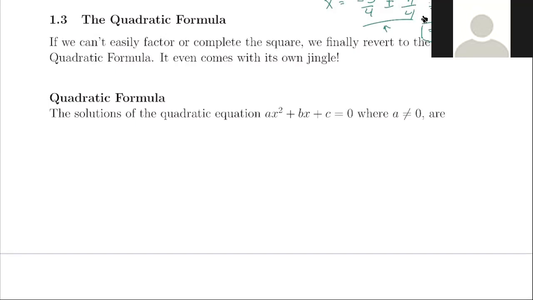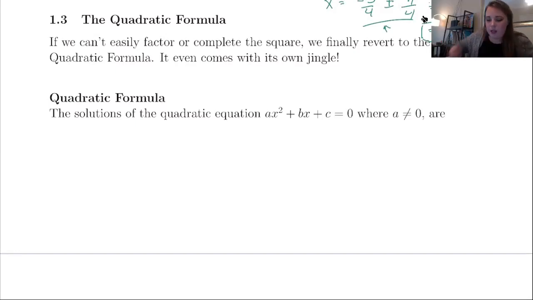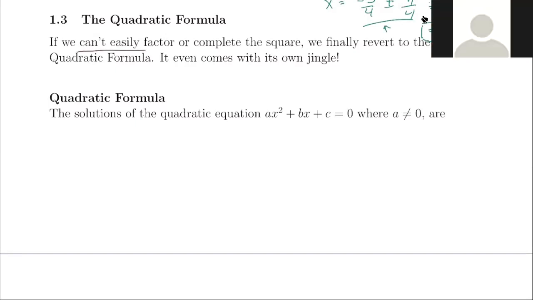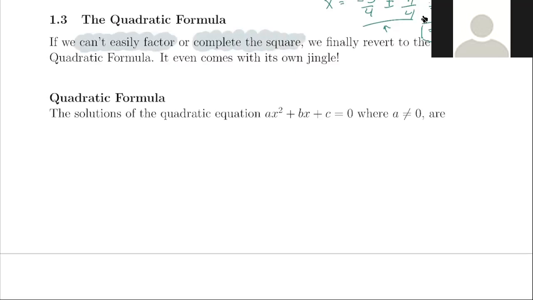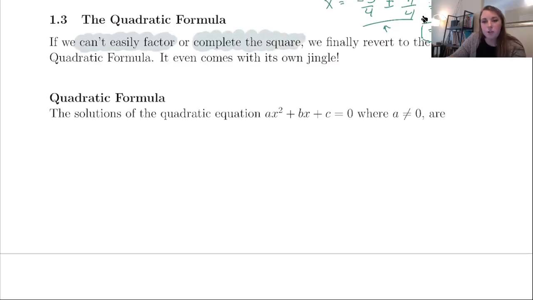So we can have a third option. It's called the quadratic formula. It's for when we can't easily factor or complete the square. Bonus, it's also a good way to check your work when you're asked to do one of these two.